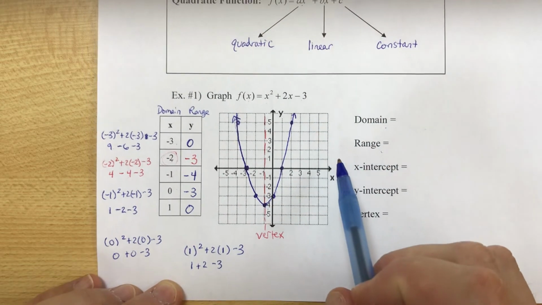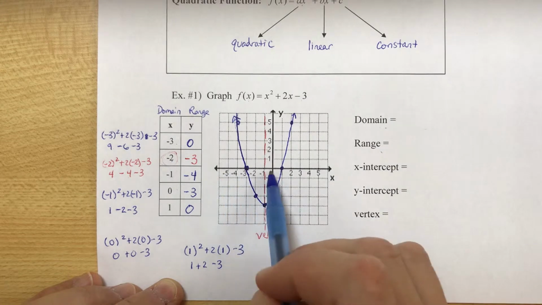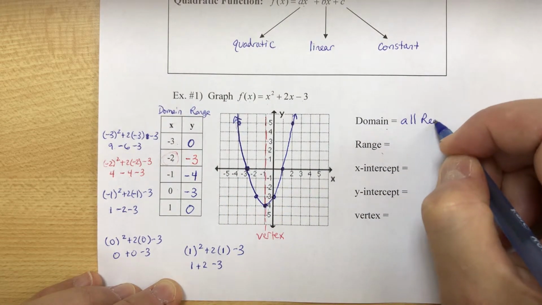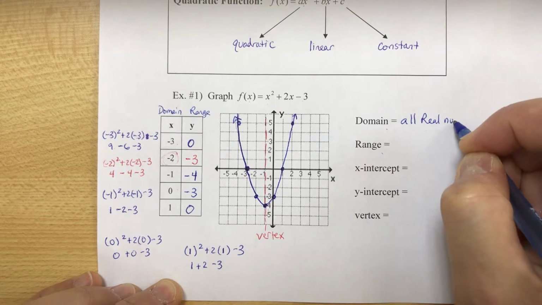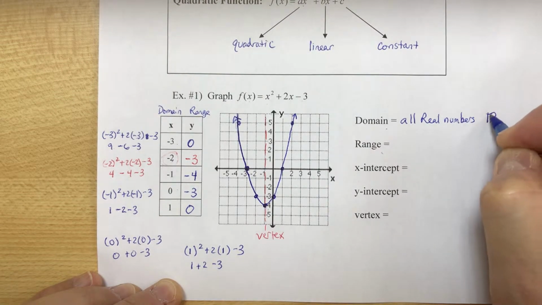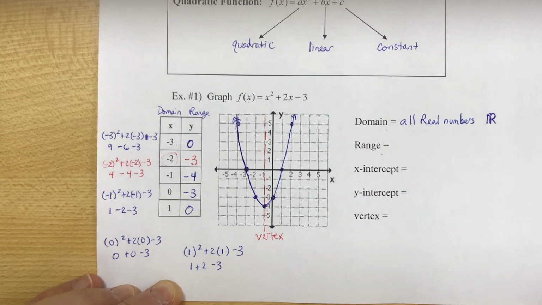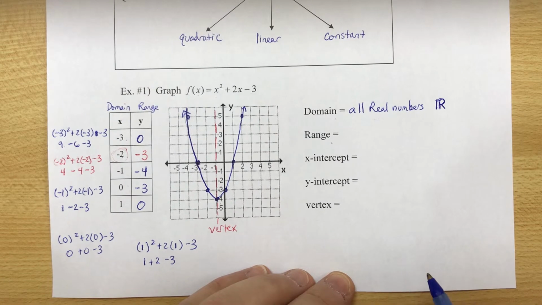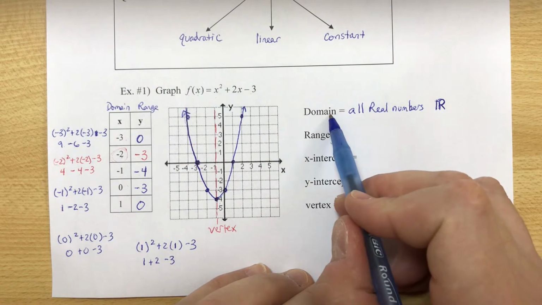So what's happening is that the domain is what we call all real numbers. The symbol for that is a double bar R. You could write it that way. The other way that we're going to write it, I'm going to introduce a notation here.